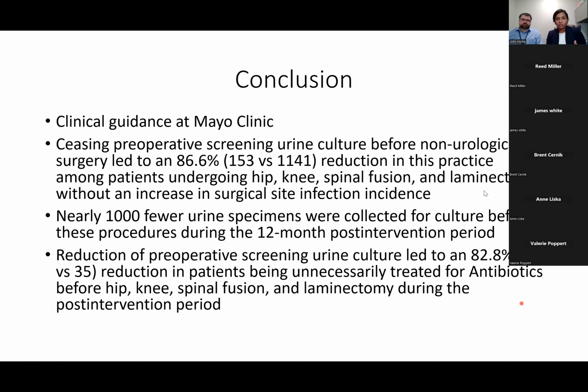We all have these questions in our health system, concern about, do we need to treat the urine if you're doing surgeries to reduce surgical site infection? And what they have proven is you do not need to treat the urine to reduce hip infection, knee infection, spinal infection. We should really be not screening patients' urine prior to any of these procedures.